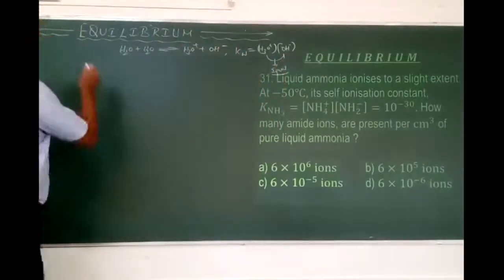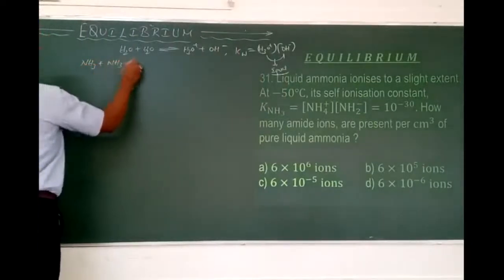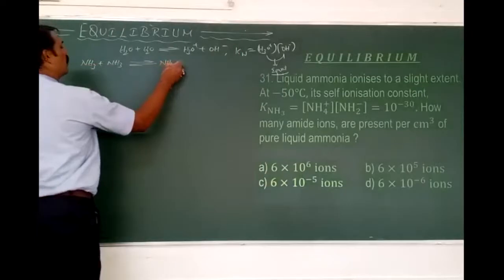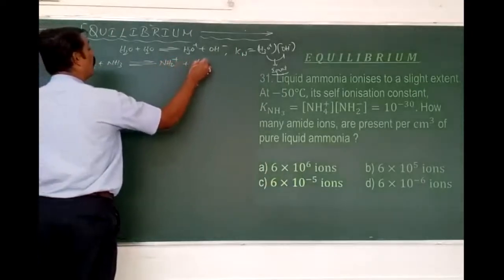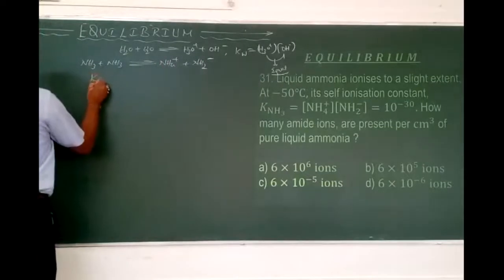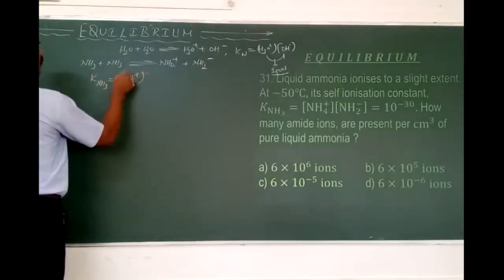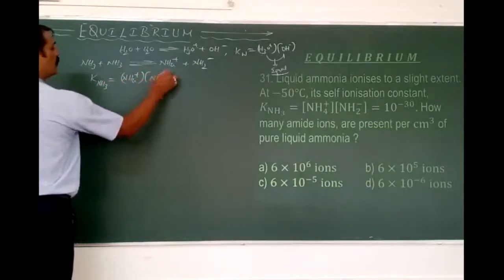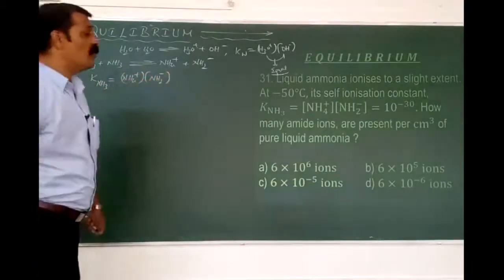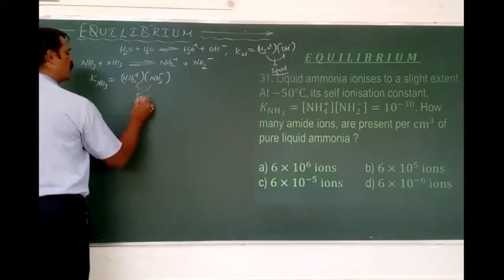The same case is NH3 gets self-ionized with another molecule to form ammonium ion and the amide ion. So here K of ammonia is equal to NH4 plus into NH2 minus. For pure ammonia, these two are equal.